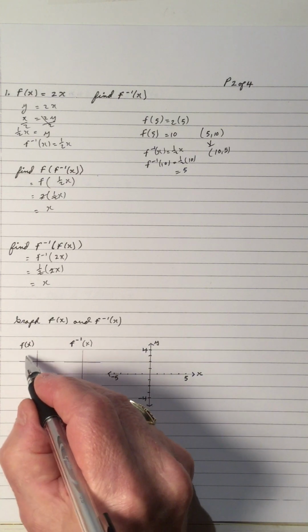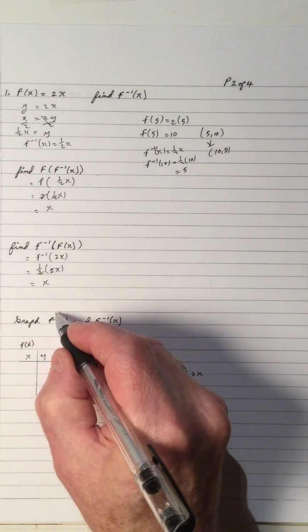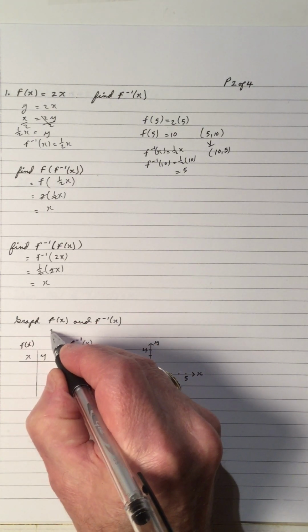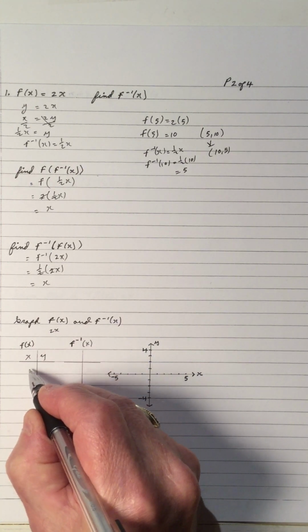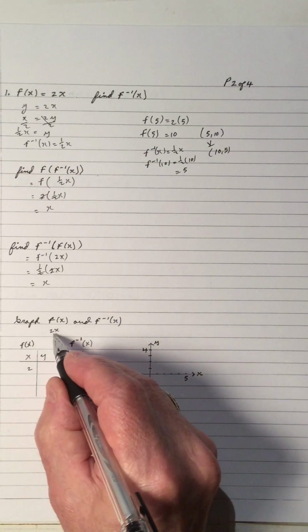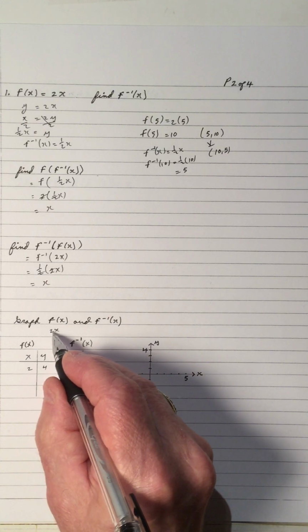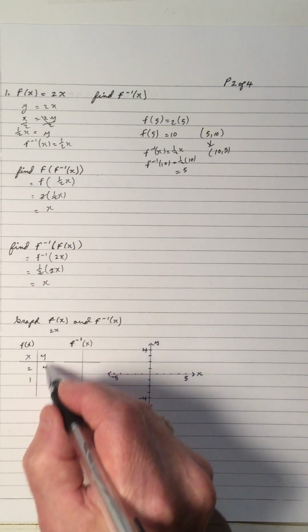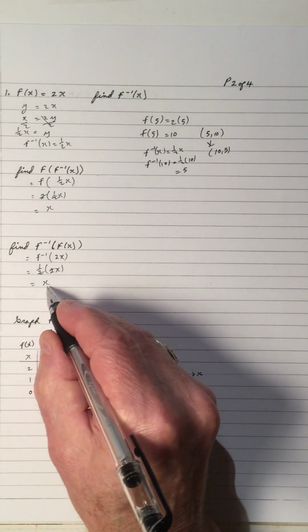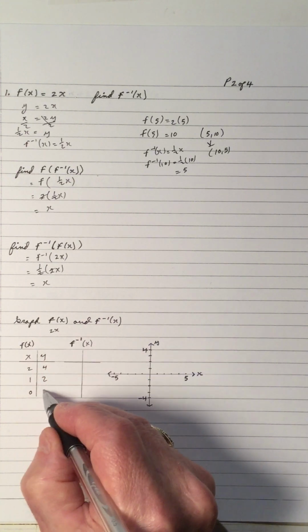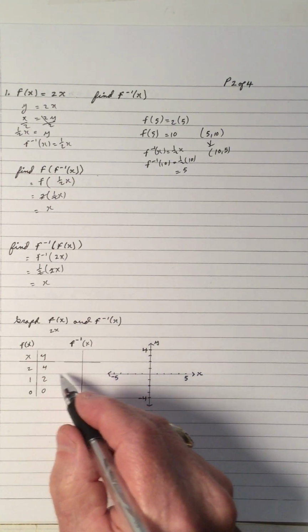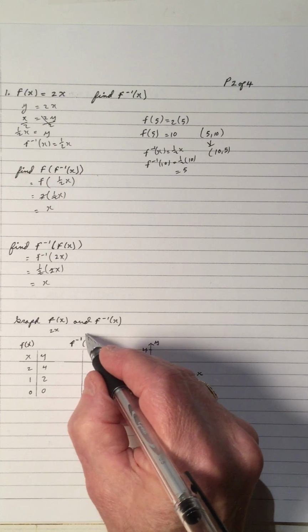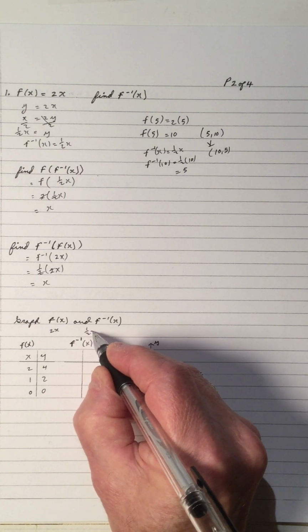The f of x, this is x and y. The f of x is 2x. So if x is 2, y is 4. If x is 1, y is 2. If x is 0, 2 times 0 is 0. And f to the negative 1 is a half x.